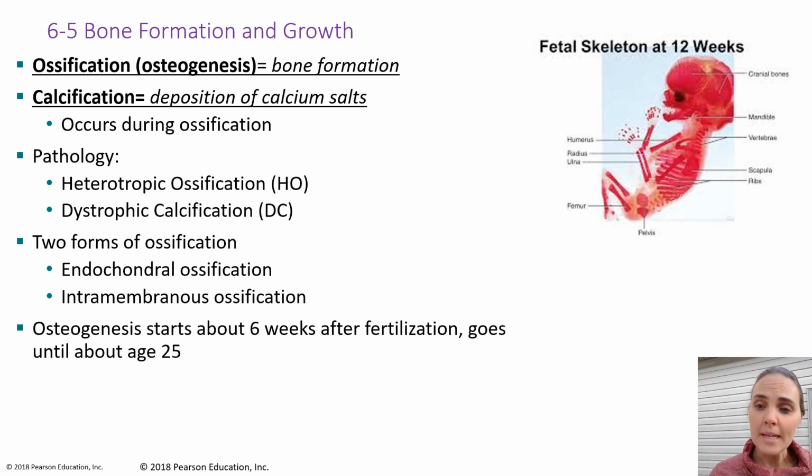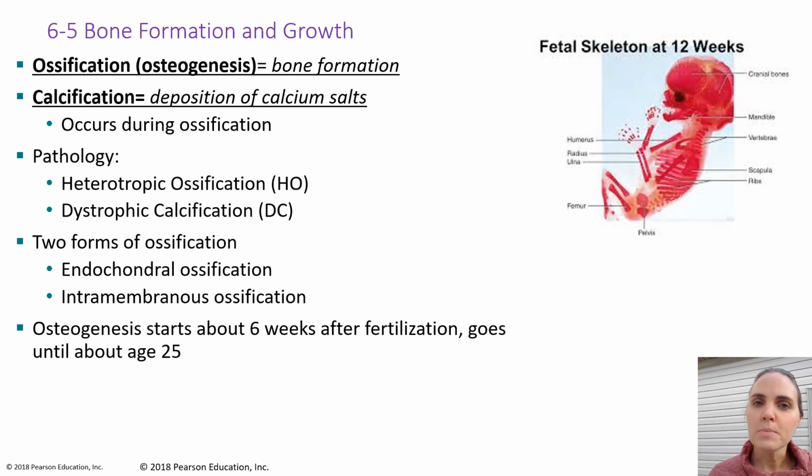But if we took a little piece of either ossified or calcified tissue and looked at them under the microscope, they are going to be distinct because one is actually bone formation, so it's going to have those osteocytes, the lamellae, etc., whereas the other one is just calcium salt, so it's not going to have that bone structure.